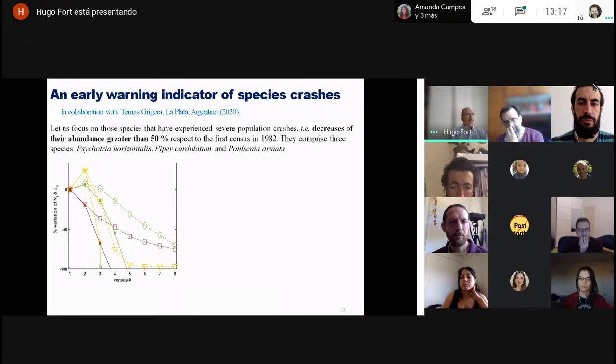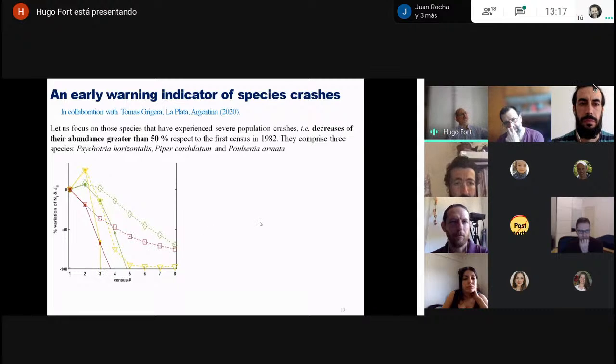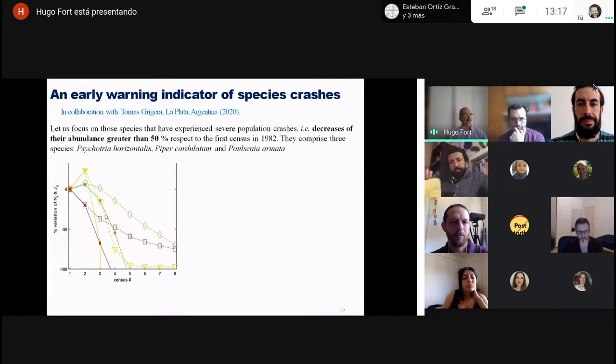As you can see, for all the species, let's consider, for instance, Piper, which is the orange one. For this species, the drop of the intraspecific competition term becomes, in absolute terms, much larger. Okay, the drop occurs before the drop in the population.